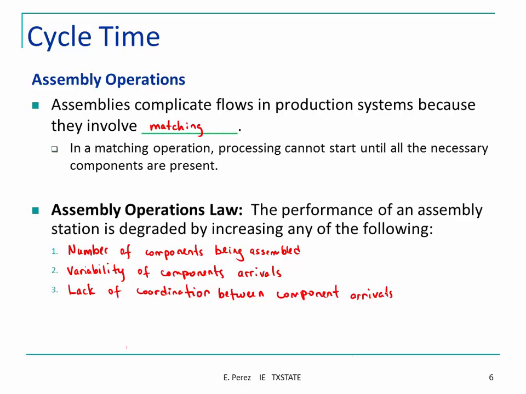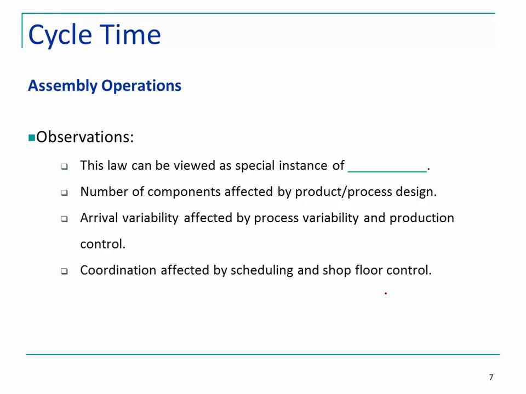That could be part of your process, but sometimes you are buying a component, so that's not necessarily part of your process. If your supplier is not delivering your components on time, that most likely is going to affect your final assembly. Okay, so there's a lot of things that can happen. So, some observations: this law can be viewed as a special case or a special instance of the variability law.